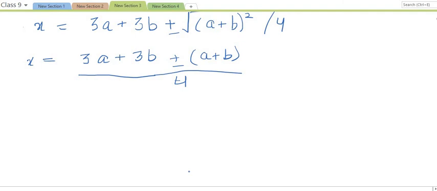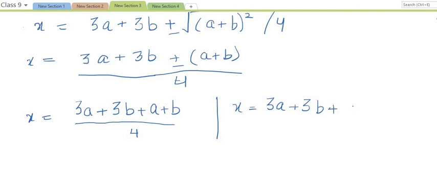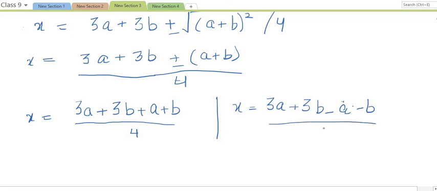Okay, now there are two roots. These are x equals 3a plus 3b plus a plus b over 4, and the second x equals 3a plus 3b minus a minus b over 4.